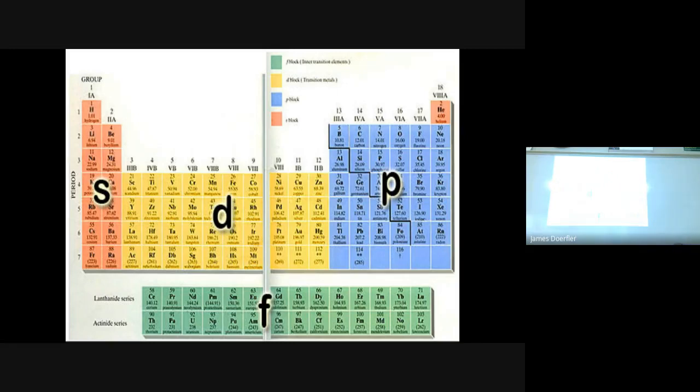Then over here, that is made up of a majority of non-metals, I'd say about 50-50, is the P block. And then lastly, you have the lanthanide and actinide series.